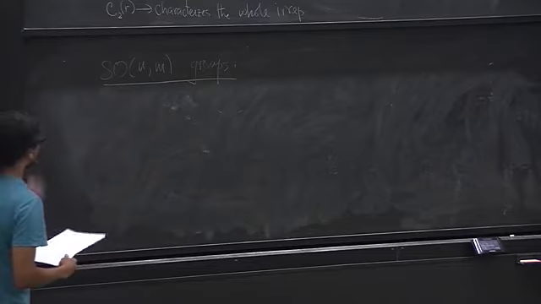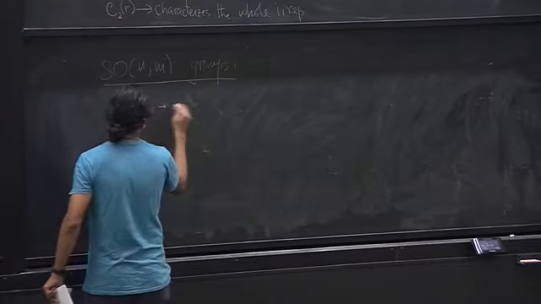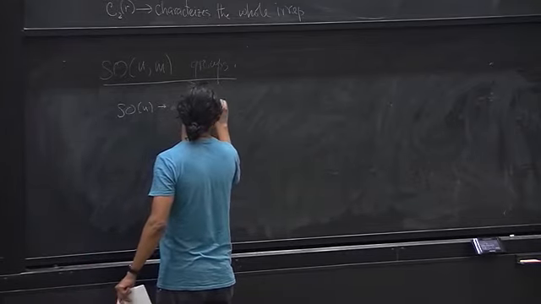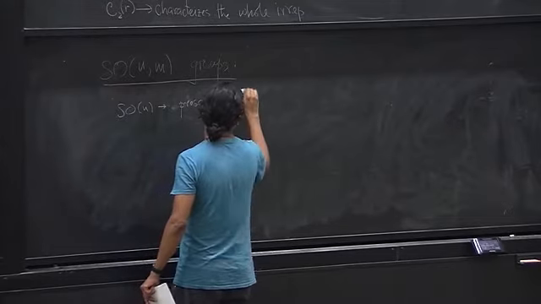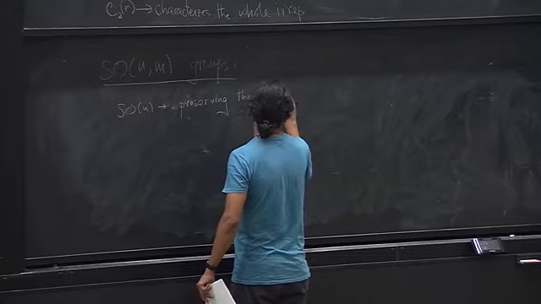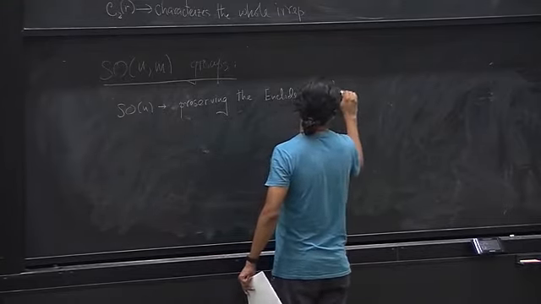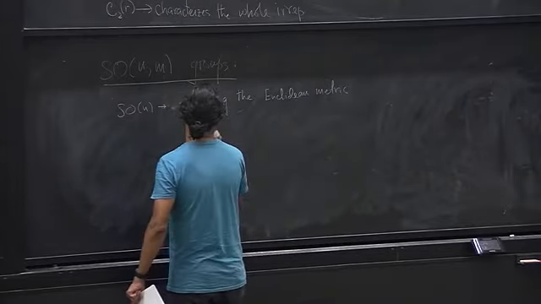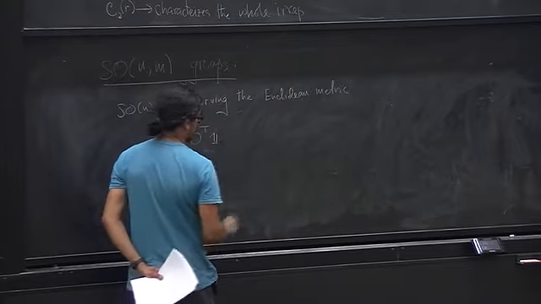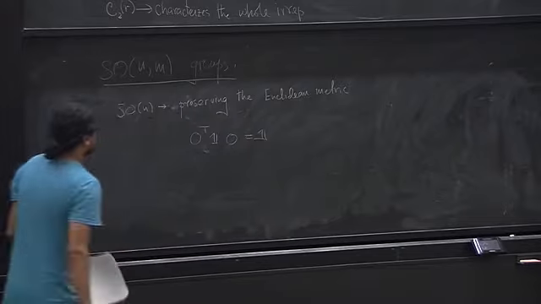We can think of the SO(N) groups as preserving the Euclidean metric. So O transpose times the Euclidean metric, which I write as the identity matrix, times O is this.